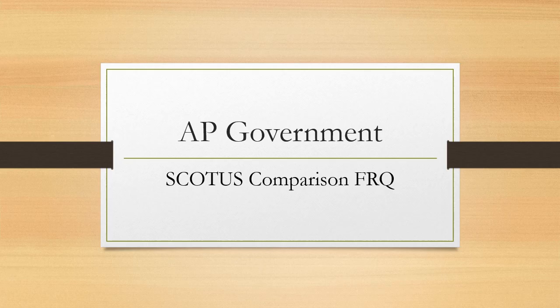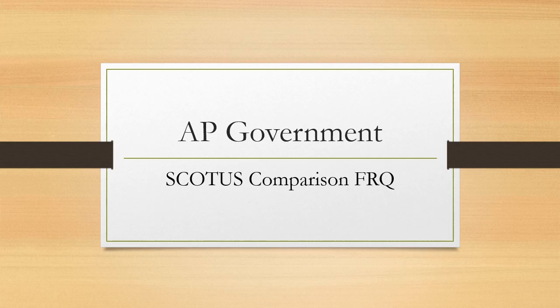All right, Eagles. Today we're going to go over the Supreme Court Comparison FRQ. Remember, you have four writing pieces on the AP test: argumentative essay, quantitative analysis FRQ, concept application FRQ, and the SCOTUS comparison FRQ, or the Supreme Court case comparison FRQ.